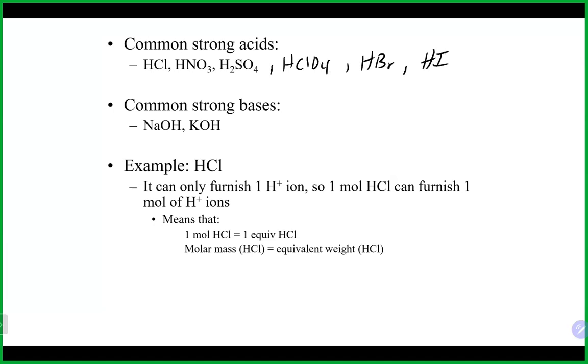Remember that a lot of our strong bases are group 1 and 2, so calcium hydroxide, strontium hydroxide, for example, barium hydroxide, and so forth. As I just mentioned before, it really does just come down to a conversion factor, and it is based on how many H pluses or OH minuses that acid or base could basically deliver to the solution.